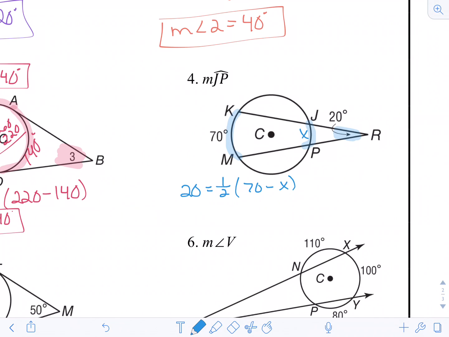To get rid of the 1/2, I'm going to multiply everything by 2. So that'd be 40 is equal to 70 minus x. When I subtract 70 from both sides, you'll get negative 30 is equal to negative x. Divide both sides by negative 1 to get x is equal to 30. So the measure of arc JP is equal to 30 degrees.